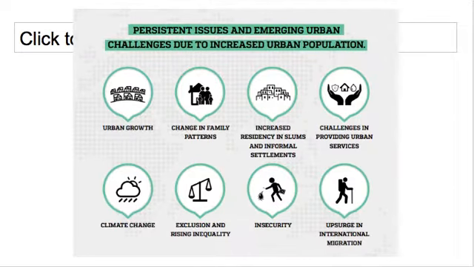So these are some of the persistent issues that are emerging, and that we will look more at when we look at challenges in megacities. But climate change particularly is going to be a big issue, and we'll see more and more people flock to cities as agriculture becomes more and more difficult.